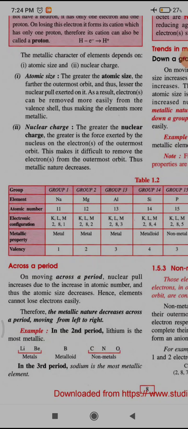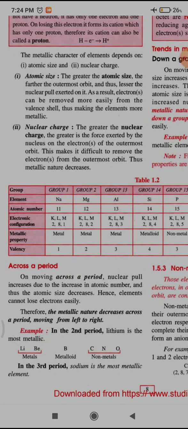Hence the element cannot lose electrons, because as your atomic number is increasing, your valence electrons also increase. So more valence electrons means instead of losing, it will gain to get stable. As the nuclear charge is more, it cannot lose the electron. Therefore the metallic nature decreases across a period, moving from left to right.